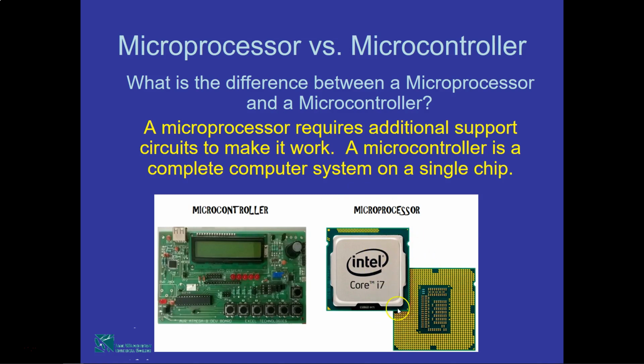That is, only the processing power is used, and an example is already written here, which is Core i7, and there are many others, for example Core 2 Duo, i3, i5, etc. These microprocessors don't have random access memory or read-only memory and other peripherals on the chip.